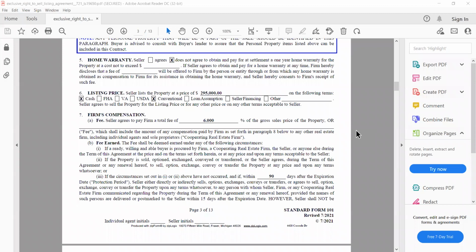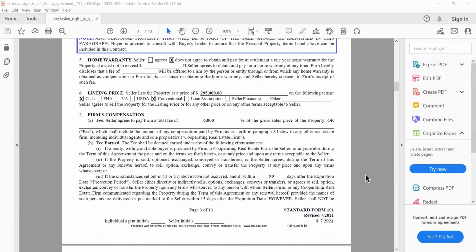So I knew that any FHA or VA inspector goes out there, they're going to see that and they're going to say, nope, it's going to have to be fixed. So knowing that the seller does not want to fix it before the sale, I listed it as cash and conventional. That makes sense. Okay. All right.